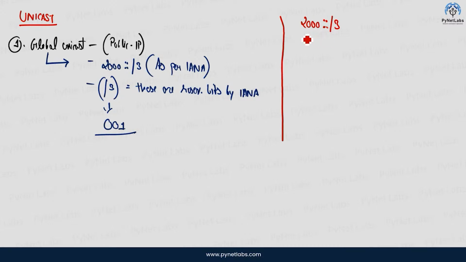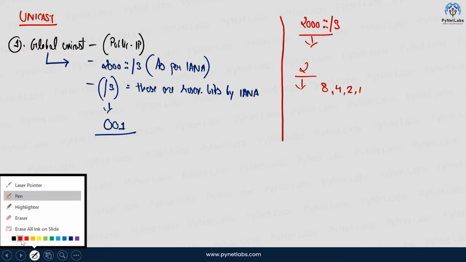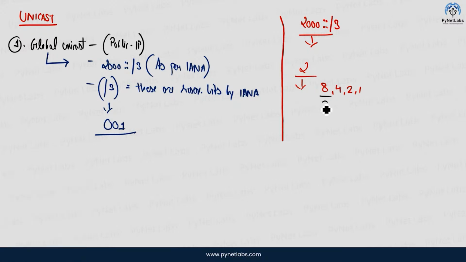If I convert the value 2, we know that inside this specific digit there are 4 bits: 8, 4, 2, 1. Converting this into binary, 8 is not there, 0. 4 is not there, 0. 2 is there, 1. So 001 is the reservation given by IANA, and the last value is 0.